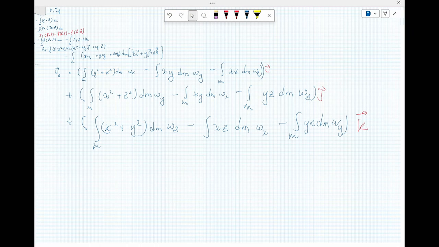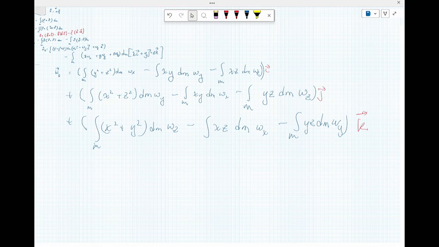And out of that, I'm going to end up with a set of terms. So I have a first set of terms that are y squared plus z squared, x squared plus z squared, x squared plus y squared. I have the next ones, which are xy, xz, yz.